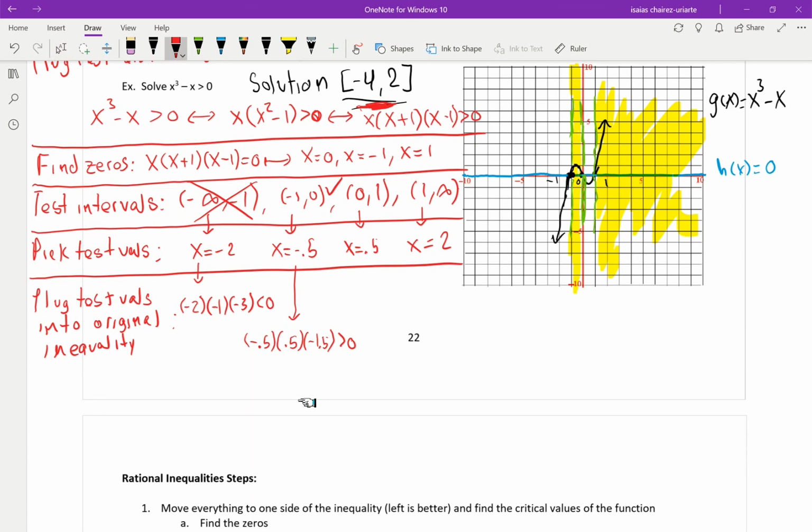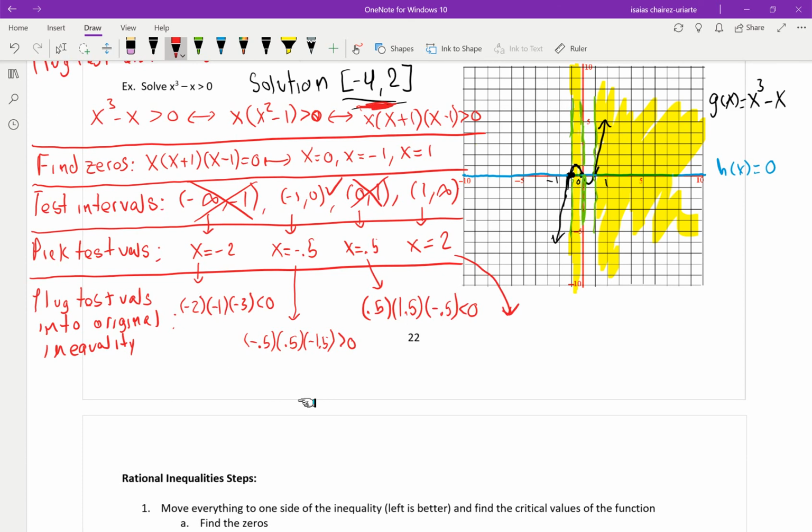Let me test x equals 0.5. Well, that would say 0.5 times 1.5 times -0.5. That is negative. So we want to end up with something bigger than 0, so that does not satisfy my original inequality. And lastly, let me plug x equals 2 into my original.